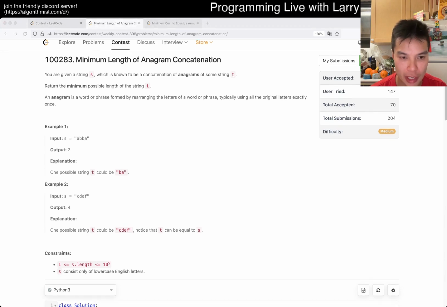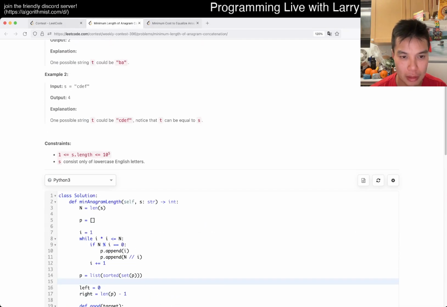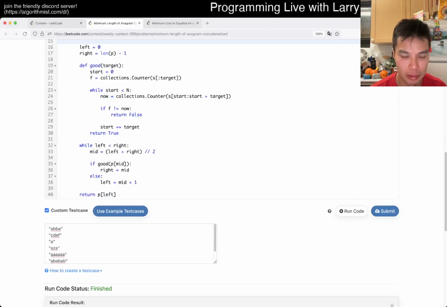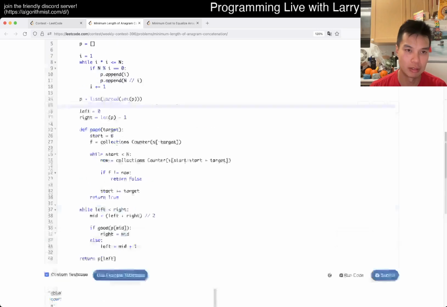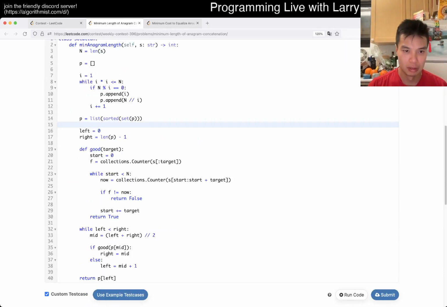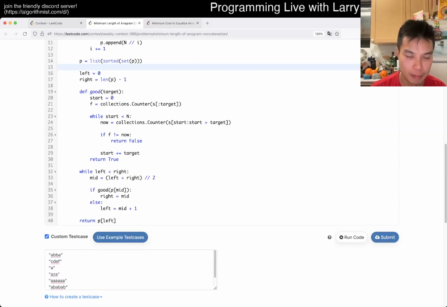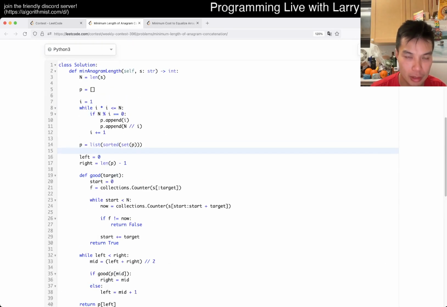I'm just looking at the highly composite numbers. 128. 128 times this is a little bit too slow though. Maybe. I don't know. I guess we can try it.